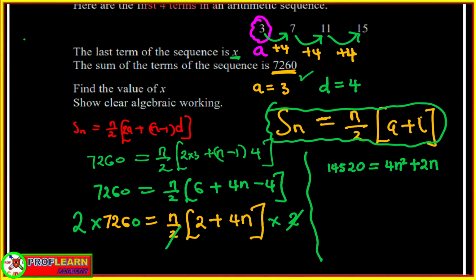So we can rearrange this and we shall have a quadratic equation, which is 4n squared plus 2n minus 14,520 is equal to 0.